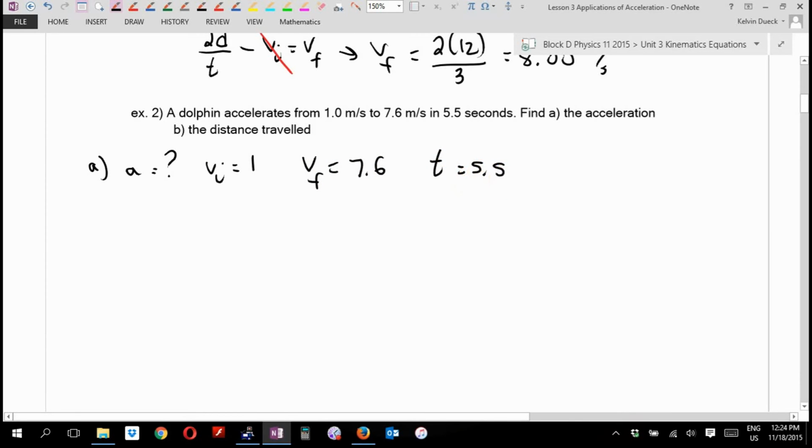Mateo, I'm looking for an equation that has A, VI, VF, and T in it. Read it one more time correctly and carefully. Do you have the equation in front of you on the purple sheet?